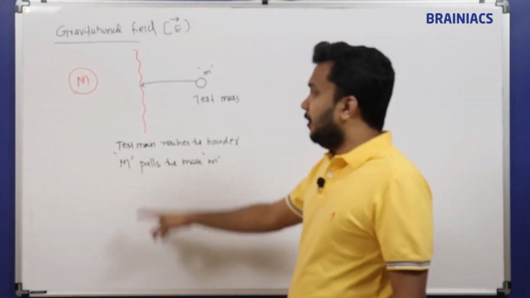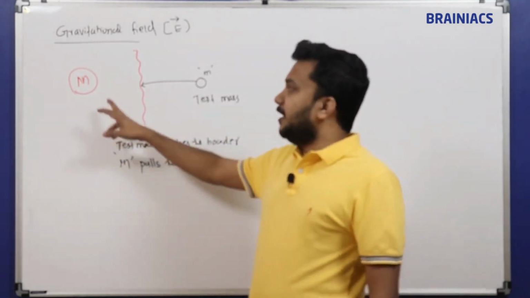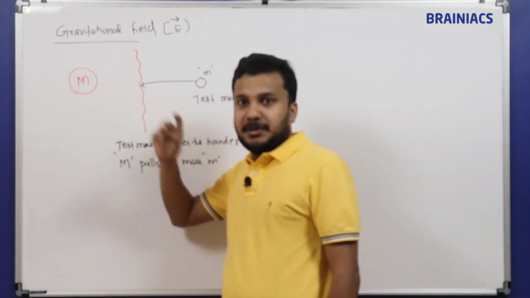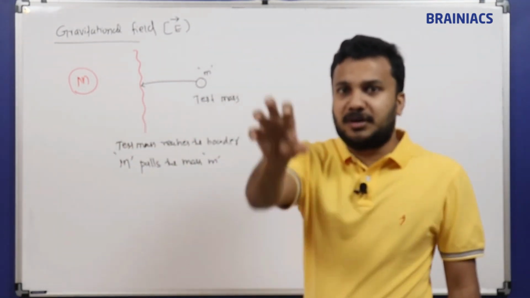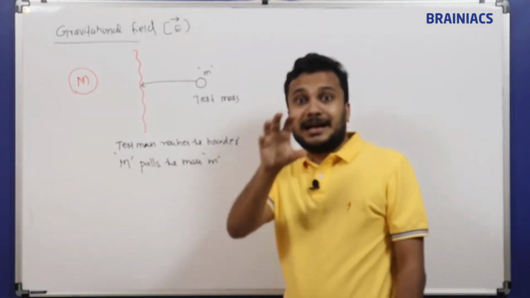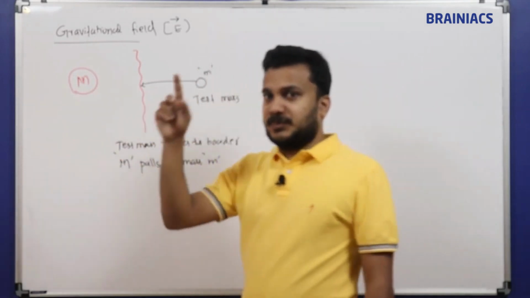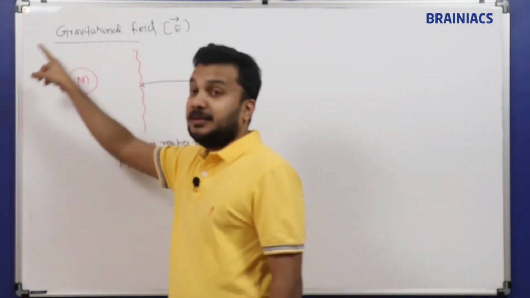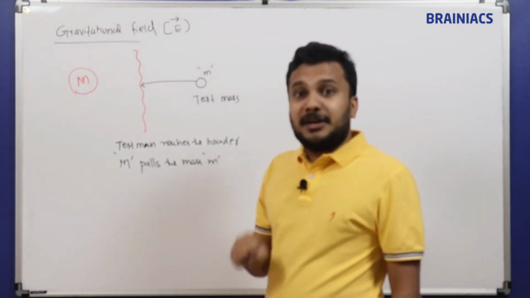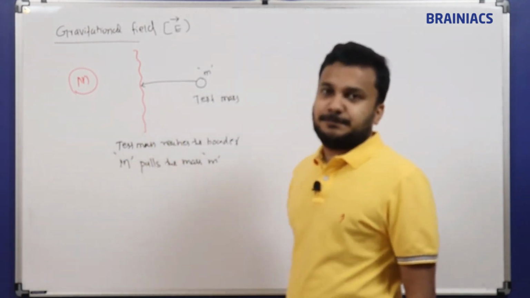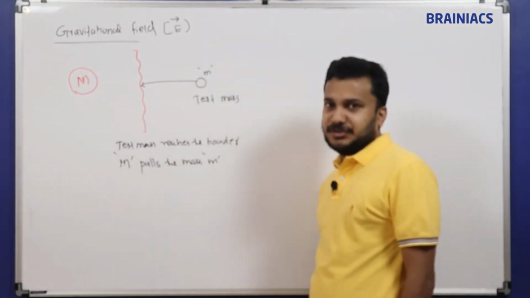Whenever it reaches the point of this red border, this is a border given by the capital M. And the capital M says, if somebody is crossing my border, I will attract it. So there is a region around the capital M where gravitational force exists. That region is called gravitational field strength.